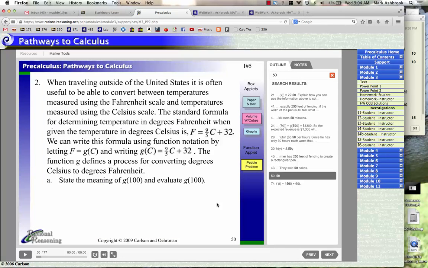All right, so on, I don't know what page this is in your investigation 5 in the workbook, there's this thing about Celsius and Fahrenheit. When someone finds that, tell me what page that's on.